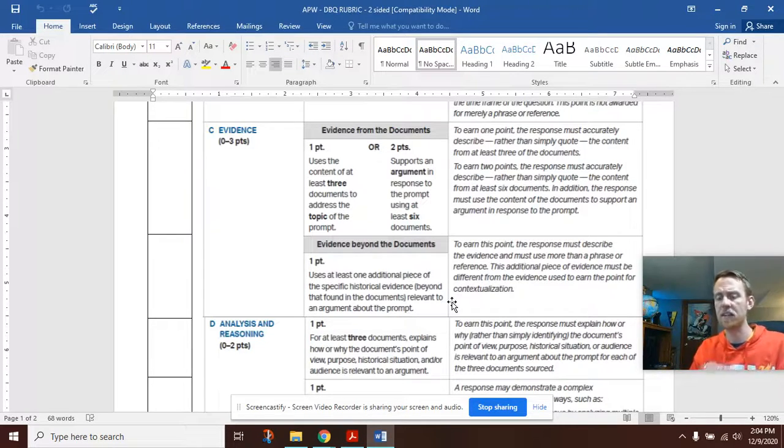So specifically, right, we're looking at the 30 Years' War. Maybe you know that one of the causes of the 30 Years' War was a nation like France just wanting to weaken its rival. But there's no document that says that. But in your body paragraph where you're talking about political causes, you could talk about the very political cause that was France wanting to destroy its territorial and military rival, the Habsburgs.